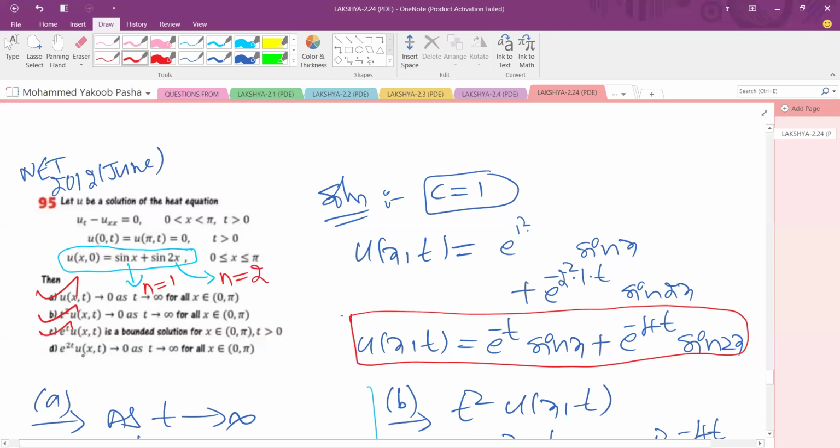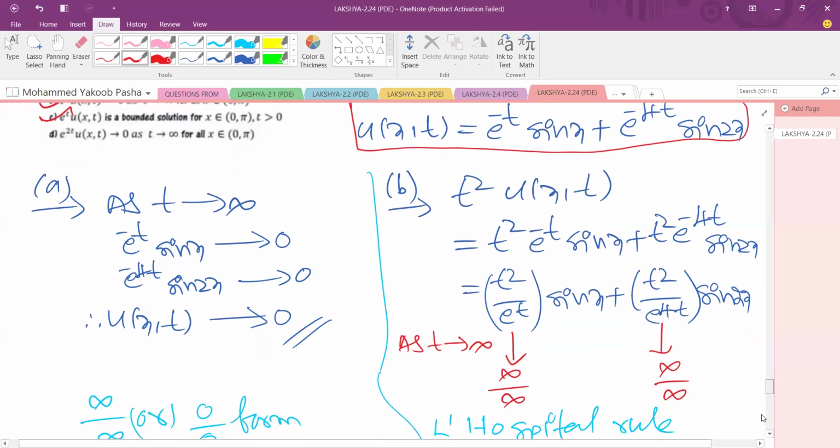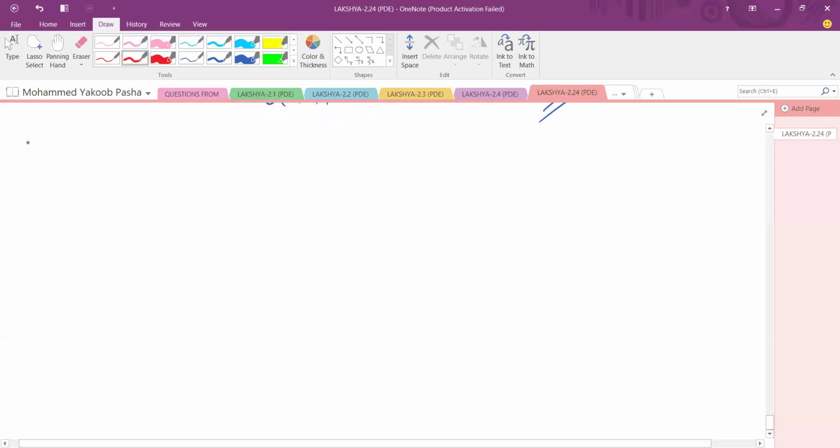Now, what is option D? e power 2t u of x comma t tends to 0 as t tends to infinity for all x belongs to the open interval (0, pi). First I am calculating e power 2t into u of x comma t.